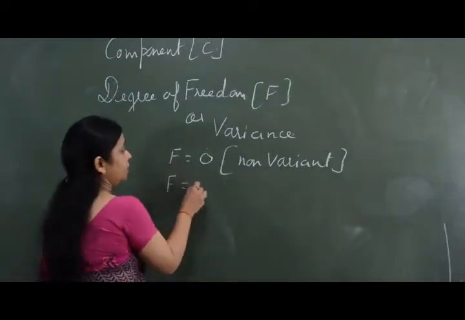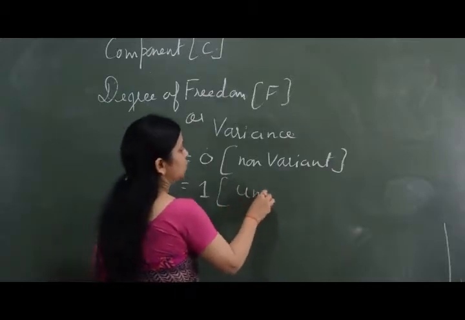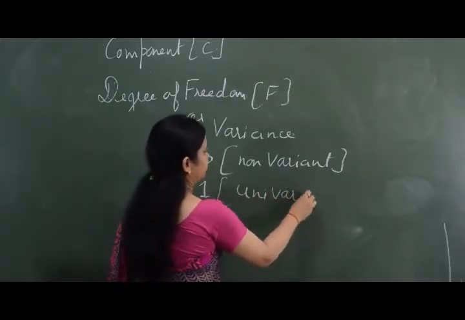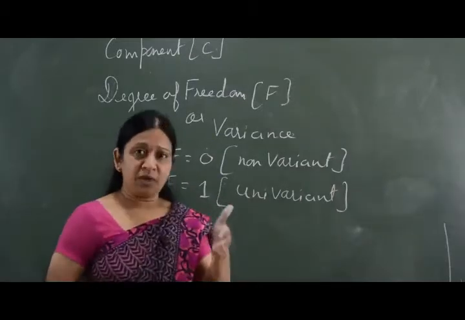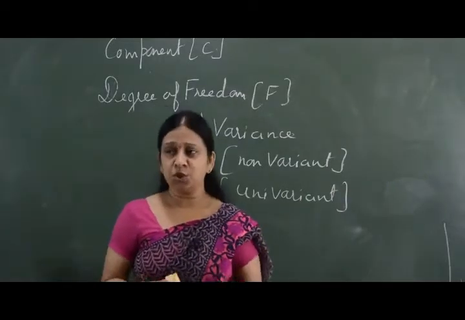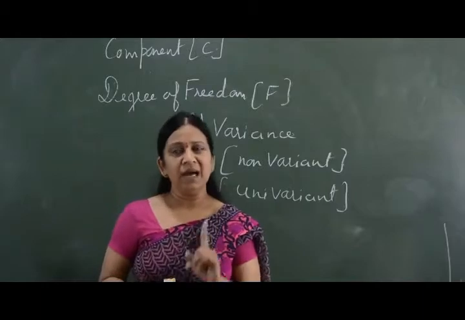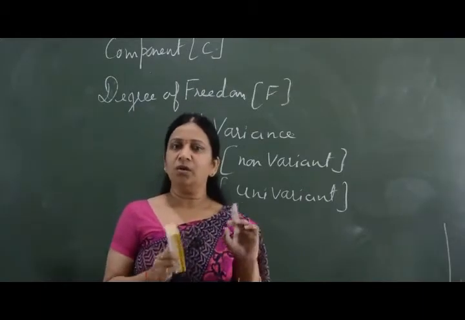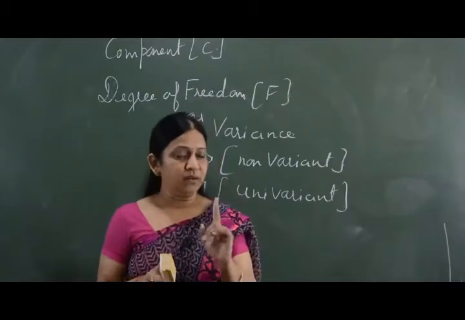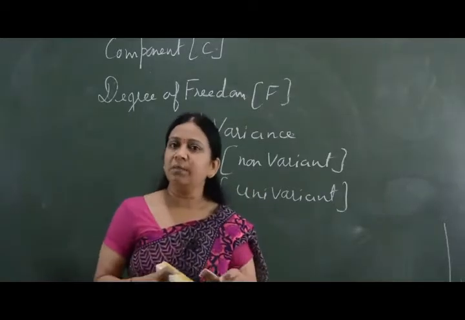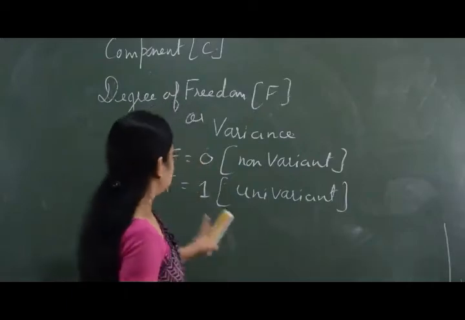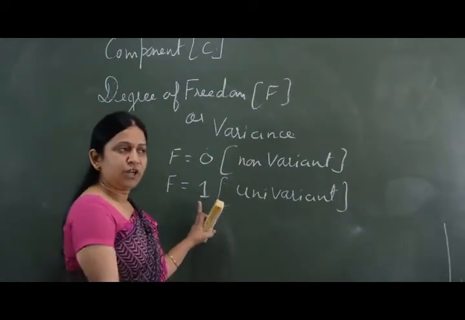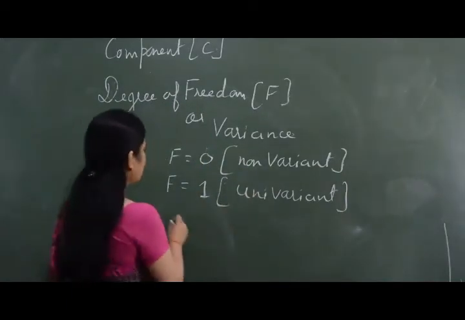If the degree of freedom is 1, the system is univariant. The meaning of univariant is, out of the 3, temperature, pressure and composition, we have to define one thing, either temperature, pressure or composition. By defining one, the other 2 will automatically become constant after some time when the equilibrium is attained. So if the degree of freedom is 1, the system is univariant.